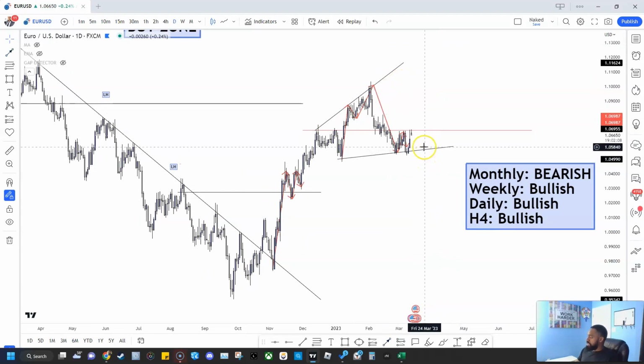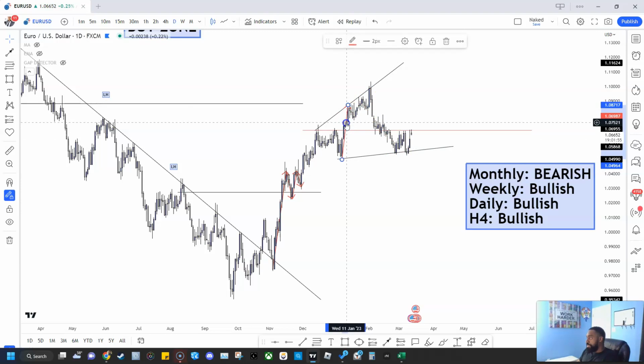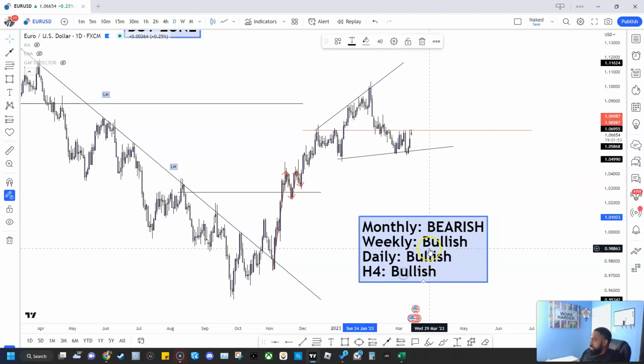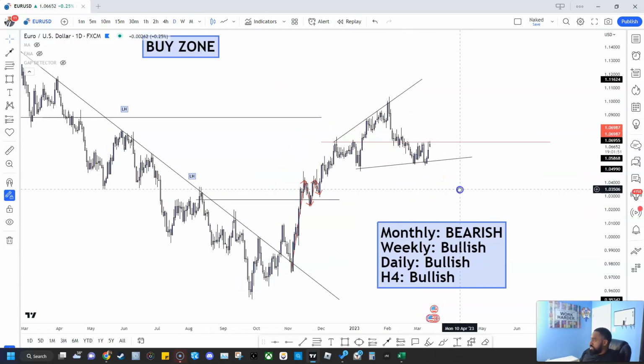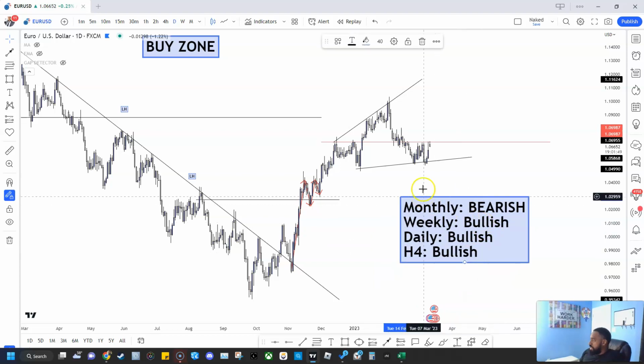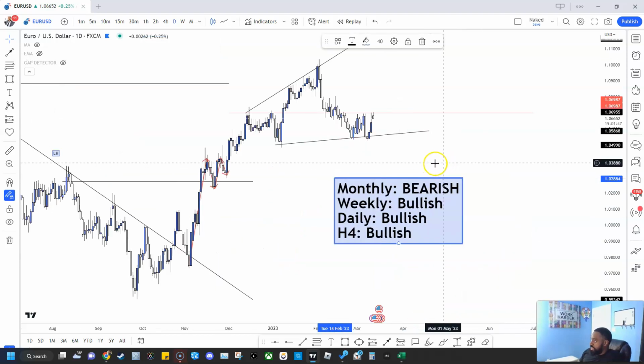I normally don't trade it. Well, I don't base my analysis off of it. I normally just watch out for it to see where the consolidation is. But be wary of this. Be very aware of the fact that this could be a head and shoulders pattern.